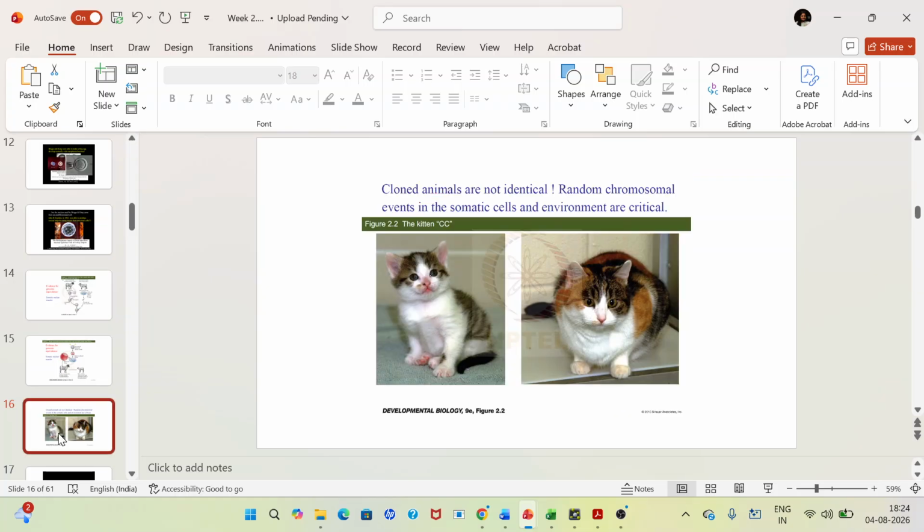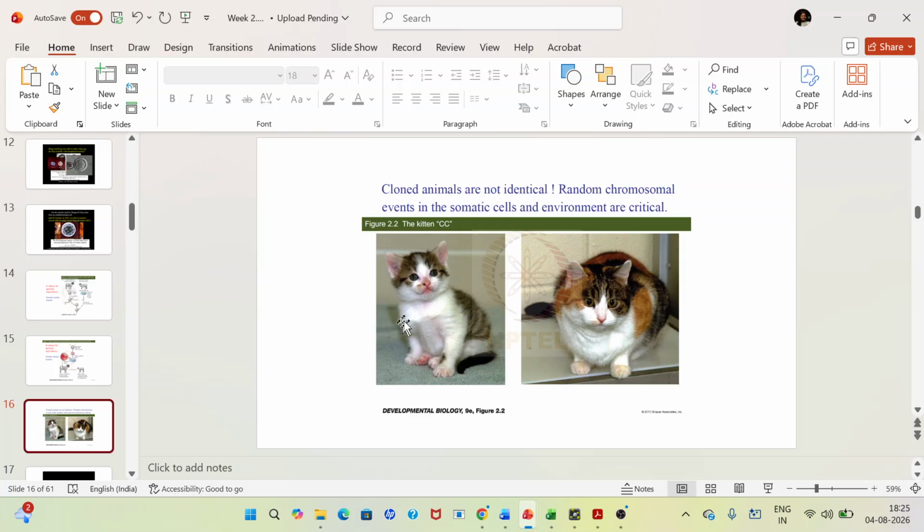Next thing is, cloned animals are not identical, because obviously random chromosomal events like crossing over, and random selection of the genes, always happen in the case of somatic cells also. And obviously the environment affects the phenotype of certain genes.